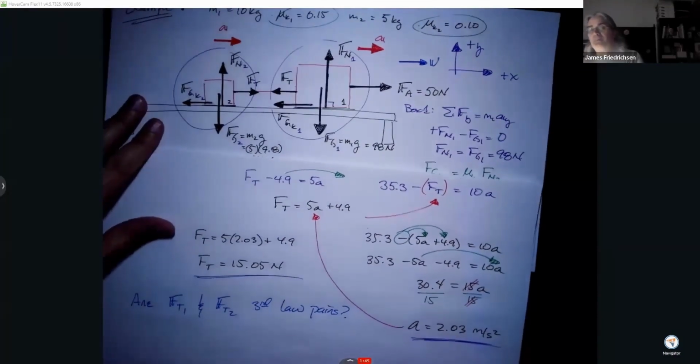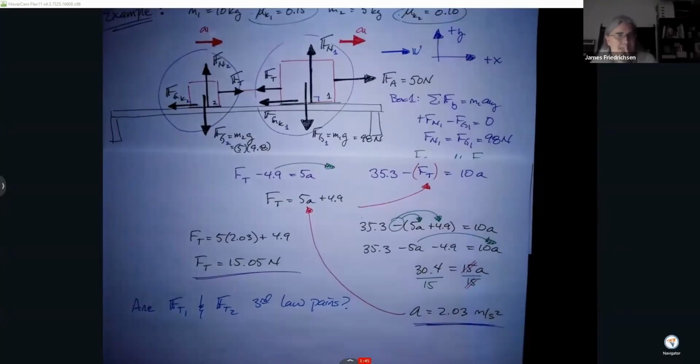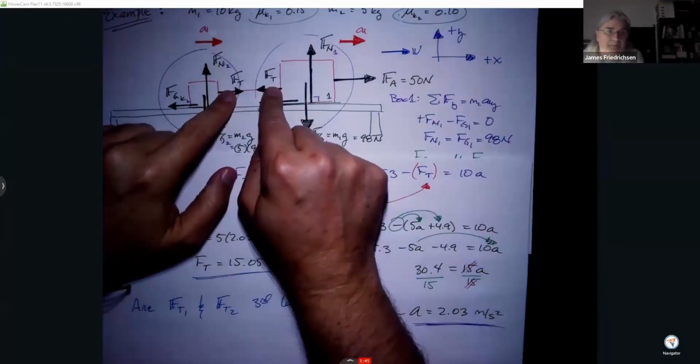Are those third law pairs? We have several yeses. We did have it pointed out that they are indeed the same type of force.